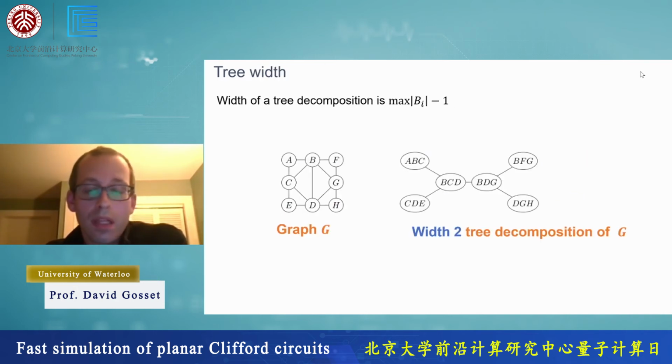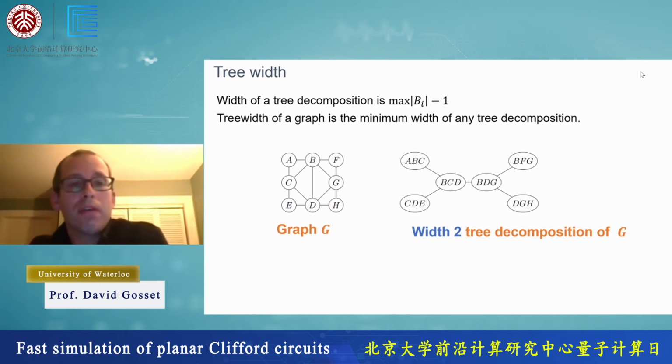Now, the important quantity that we're interested in is the width of a tree decomposition, which is the maximum number of elements of a bag minus 1. So in this example, each of the bags has size 3. So this is a width 2 tree decomposition. The minus 1 is just a convention so that a tree has tree width 1.